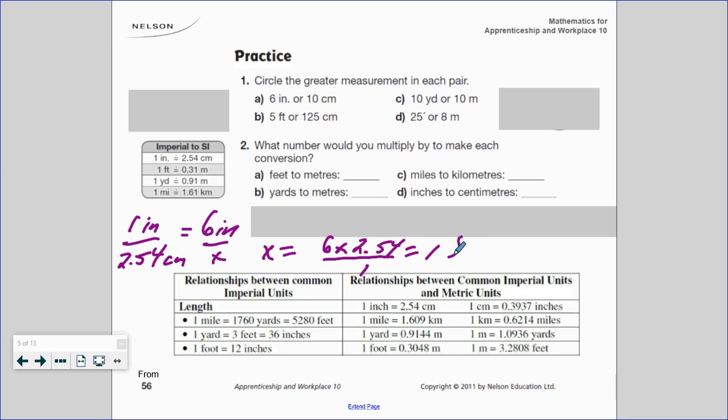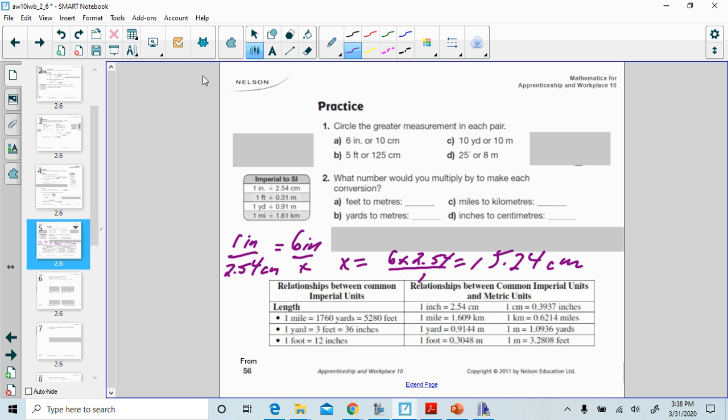So 15.24, and that's in centimeters. Okay, so obviously at this point we can see that 6 inches is longer than 10 centimeters. So we'll just go and check the solutions.